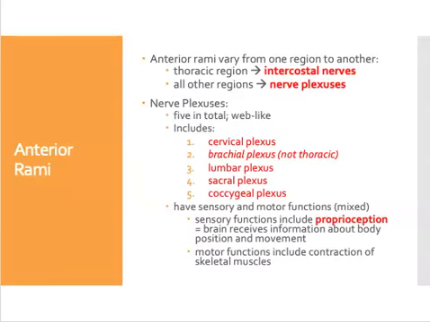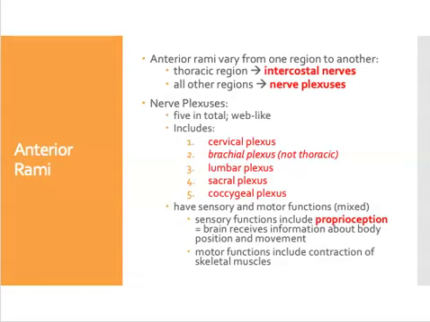So this anterior ramus, and remember, there are 2. There's one on the left side and there's one on the right side. They're actually going to vary a little bit from one region to another, up and down the spinal cord.